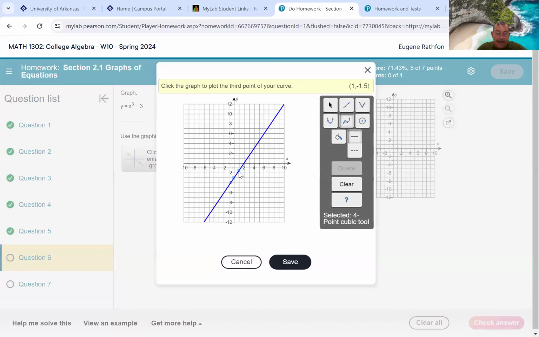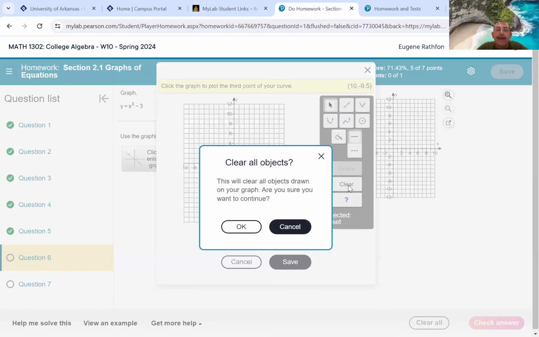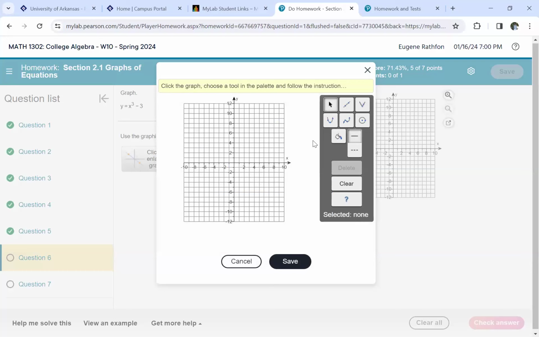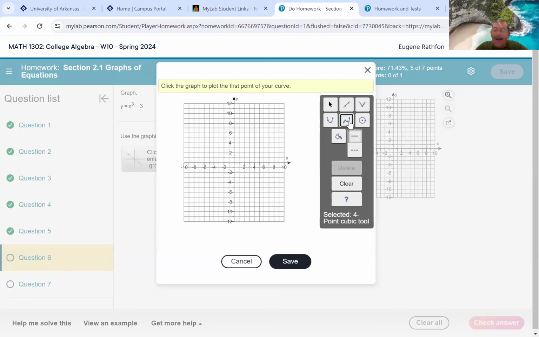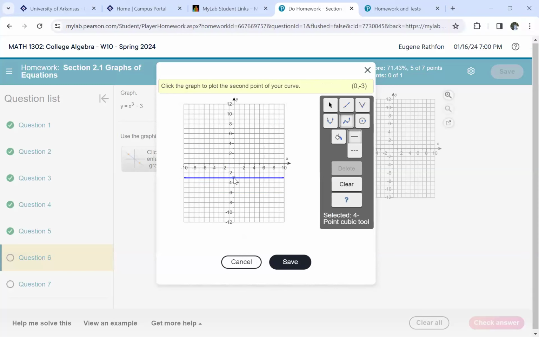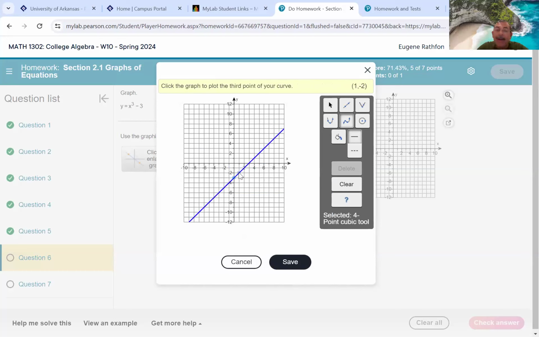Oh, I think I'm a little off on that. Let me see if it'll let me move it down a little. Let me clear it and start it over. Ooh, MathLab's a tricky one. 0, -3 is right there. I had 1, -2 right there. -1, -4 right there.